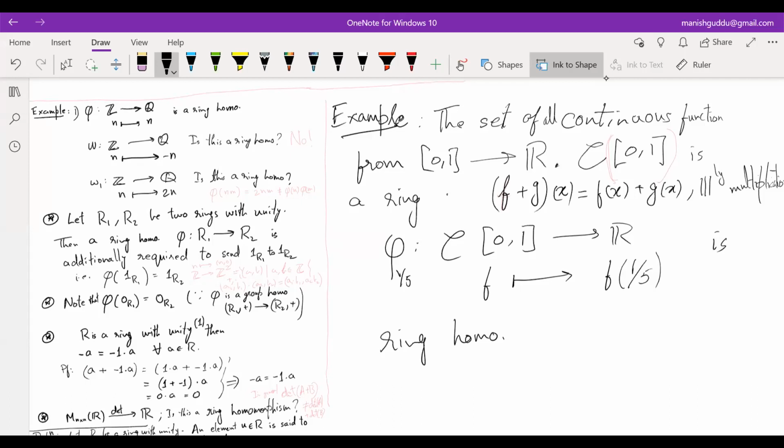People study them. But the set of all functions from [0, 1] to R, nobody cares. So that's why people talk about these rings, but not the ring of all functions from [0, 1] to R. To demonstrate this example, I don't really need continuity, but these are some interesting rings which people study.